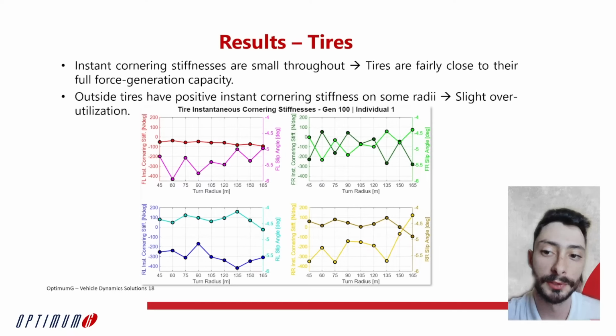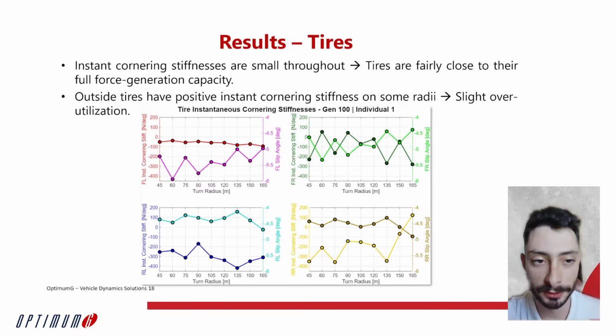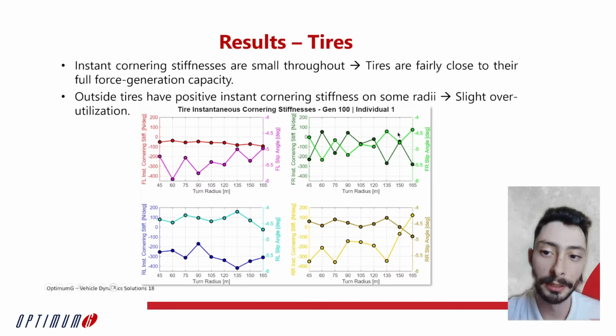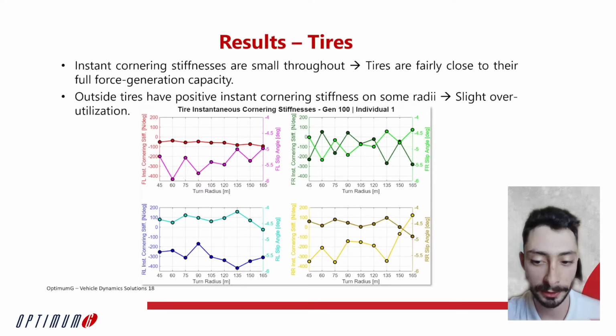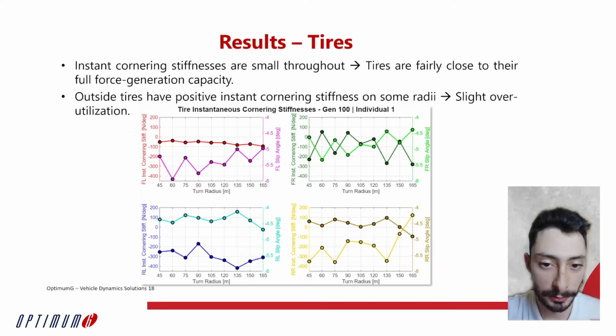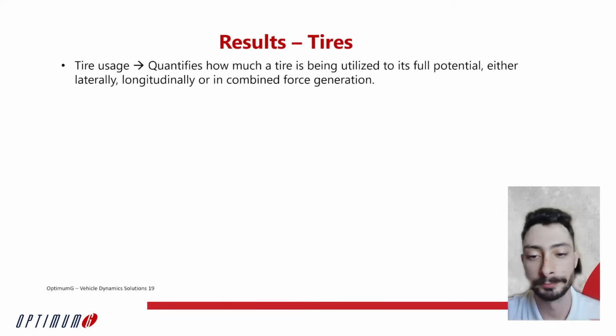We can also see that on some of the turn radii on the outside tires, for example the front right tire at a turn radius of 135 meters, it has a positive cornering stiffness, which means we have a slip angle on that tire which is slightly greater than optimal. And we will see that again with the tire usage metric that we have here.